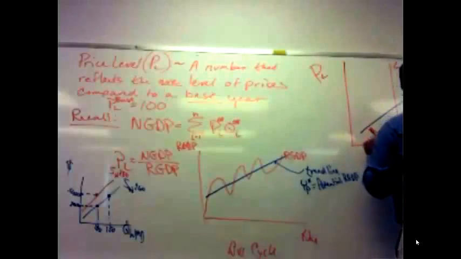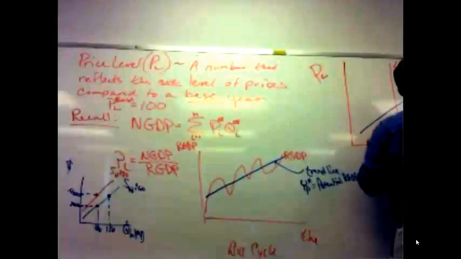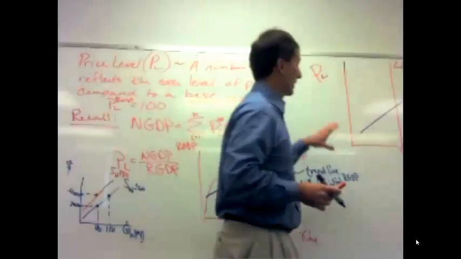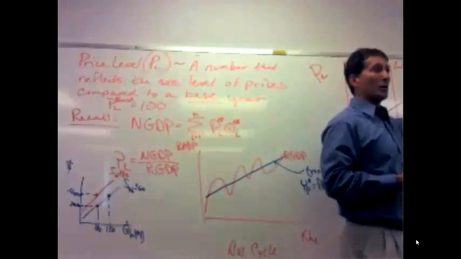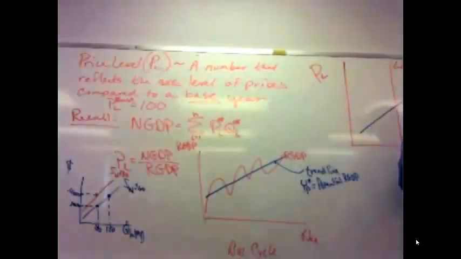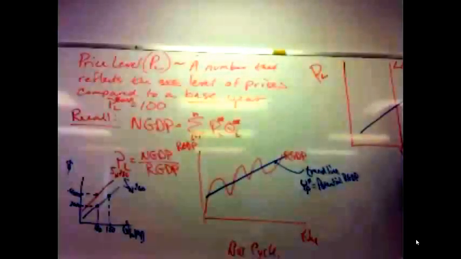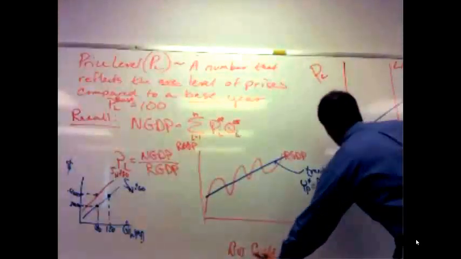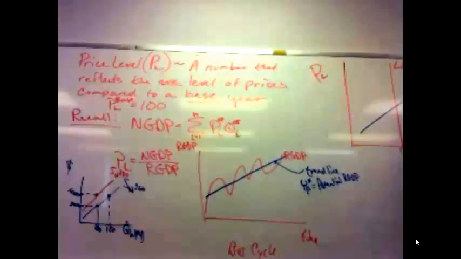So if wages on average were $10, we're going to let W represent all resource prices. I like to use W because we usually end up talking about wages. All resource prices.